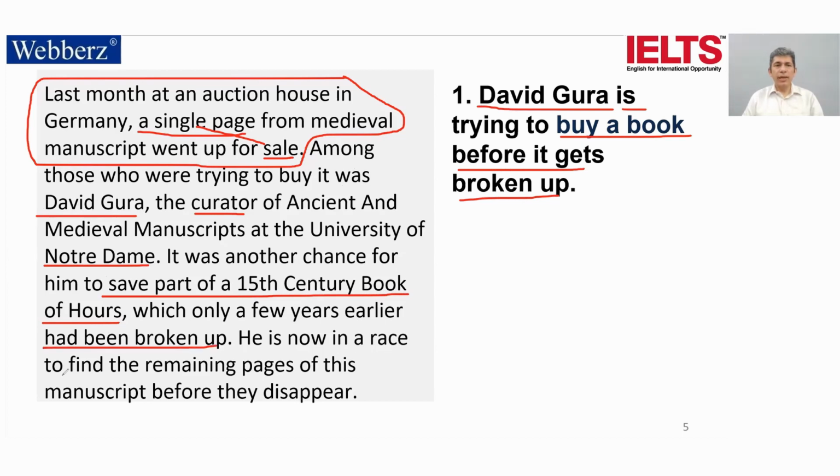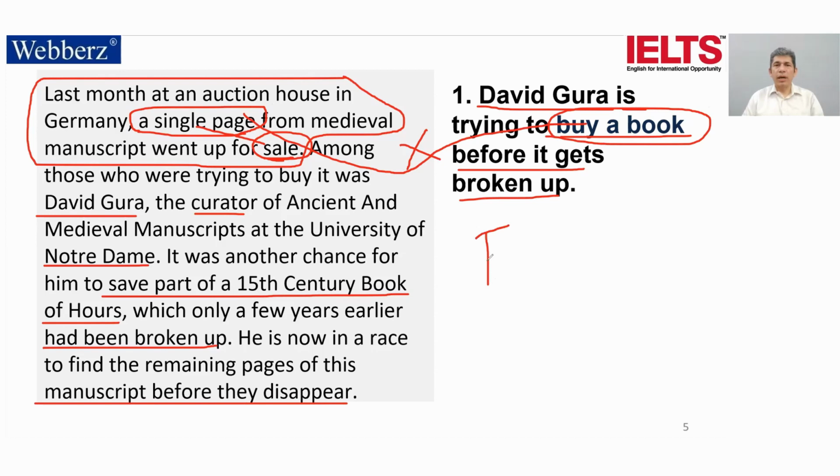He is now in a race to find the remaining pages of this manuscript before they disappear. Now, what exactly is he buying? Is he trying to buy a book? Well, the answer is he's trying to buy a single page because that is what is on sale. So he's not trying to buy a book. He's trying to buy a single page. So my answer is false because he's trying to buy a page and not a book.